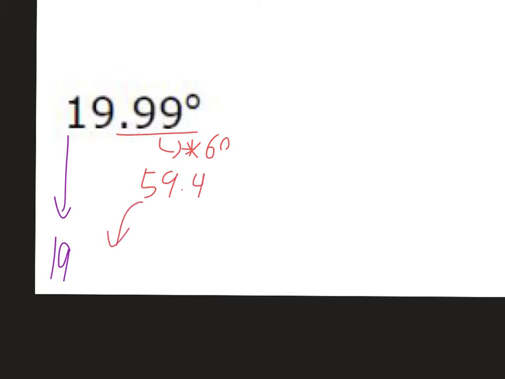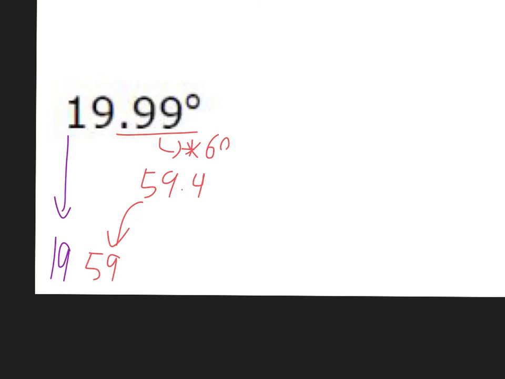19.99. Well, my 19 comes down. I'm going to take my 0.99 and multiply that by 60, which will give me 59.4. 59 comes down.